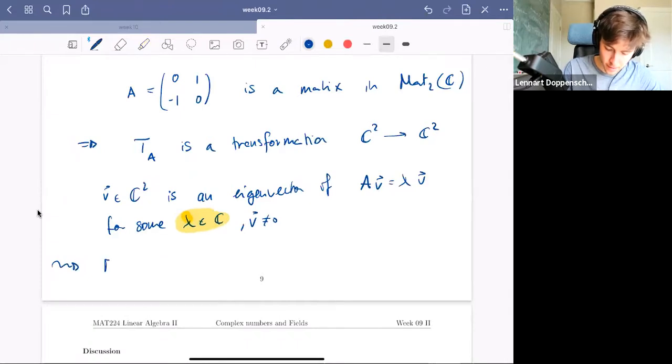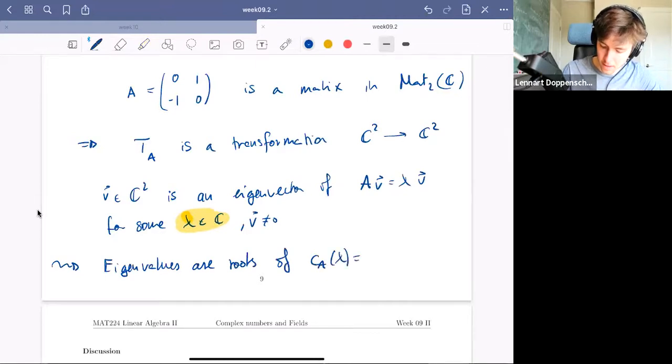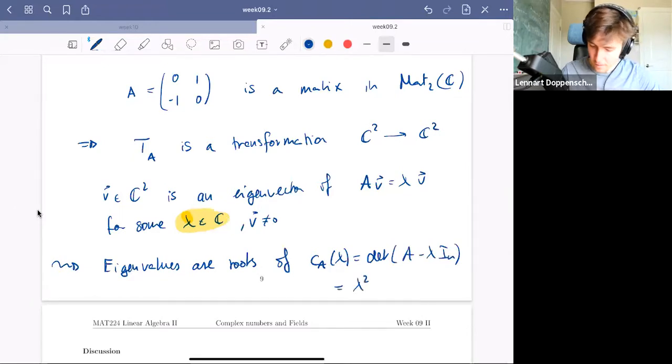And still true is that eigenvalues are roots of the characteristic polynomial c_A(lambda), which is the determinant of A minus lambda I_n, and this would be lambda squared plus 1.